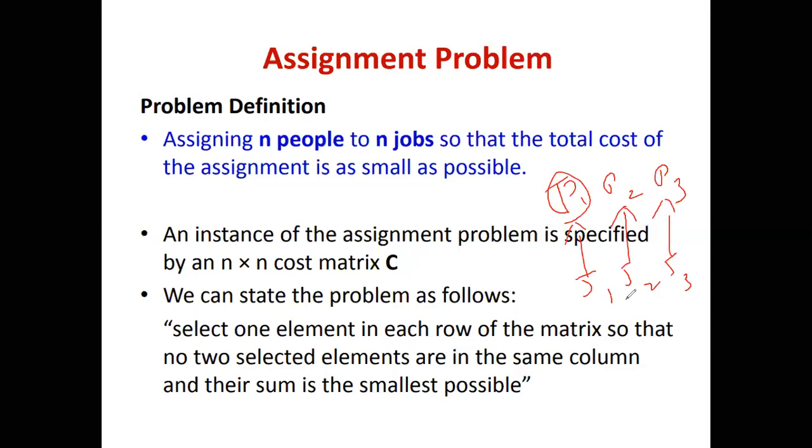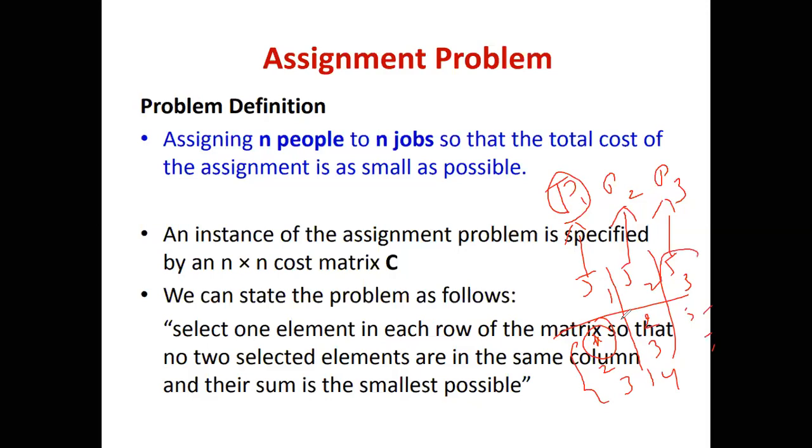So, for example, J1, J2, J3. If you are assigning J1 to P1, if you take say 1, 2, and 3, which one will you select? I should select the one which gives a minimum cost, correct? In a similar way, for assigning J2 to P1, it takes 2, 3 and 4, three different costs.